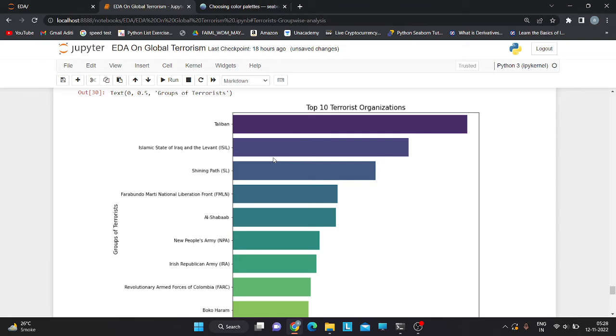They are very active, but we are only interested in the top 10 terrorist organizations, because considering all terrorist groups, small, big, everyone, is not going to make sense. We are going to understand only the top 10. So Taliban tops the list, Islamic State of Iraq and the Levant, ISIL, then Shining Path, and so on.